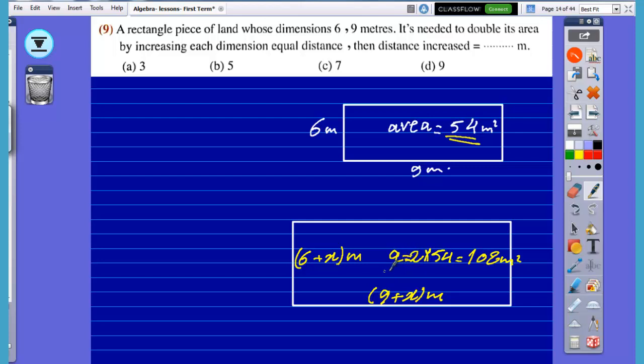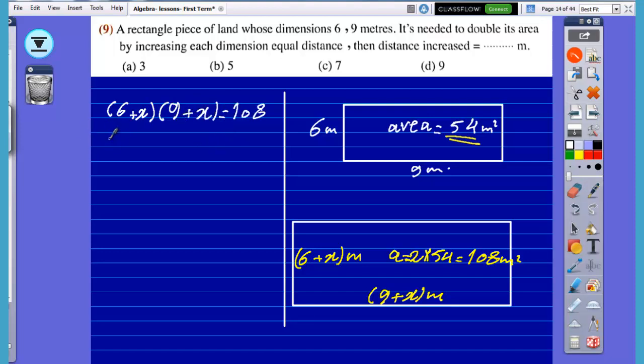Here is the new area, equals 108, and then we solve this equation. The area here is 6 plus x multiply 9 plus x. It equals 108.